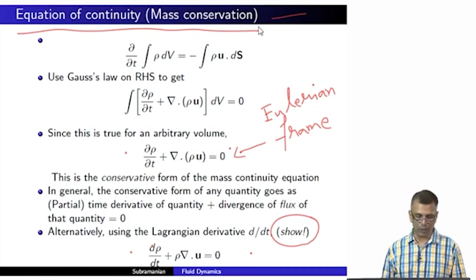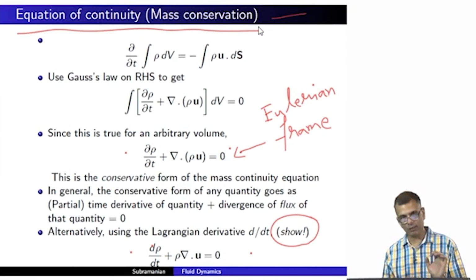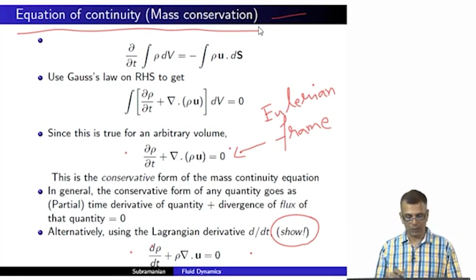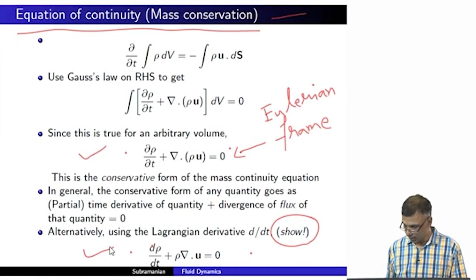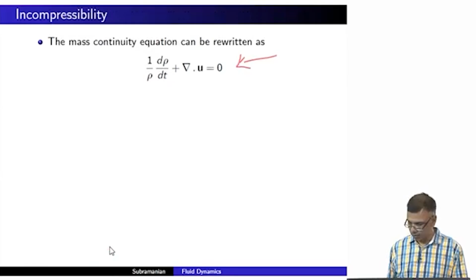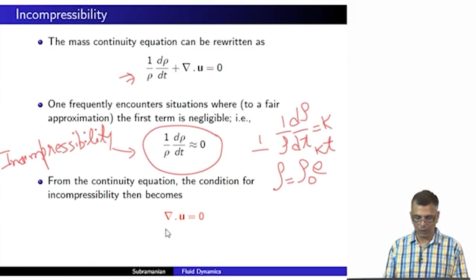We have essentially derived two different guises of it, the Eulerian form of the continuity equation and the Lagrangian form of the continuity equation, and we've used the Lagrangian form of the continuity equation to derive what's called the incompressibility condition.